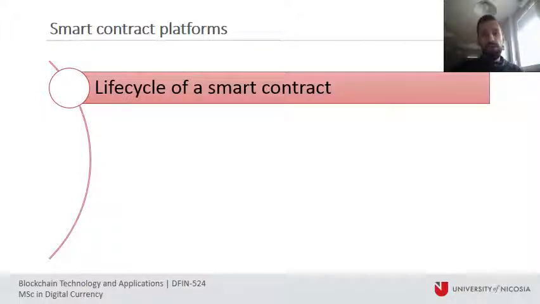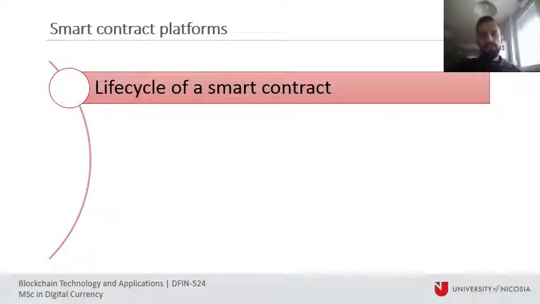But because smart contracts live in decentralized applications on the blockchain, there are some things to be aware of with regard to their life cycle. From development, deployment, upgrades, and even final deprecation, we must consider all phases.